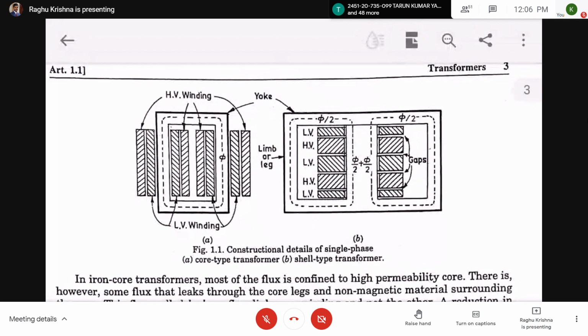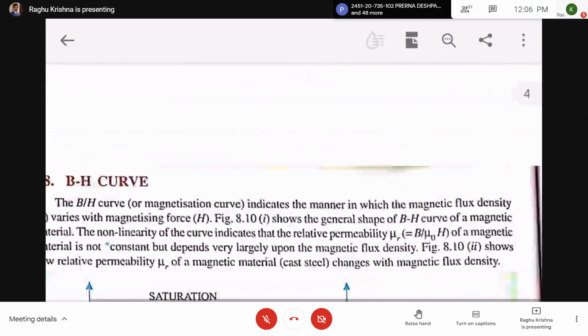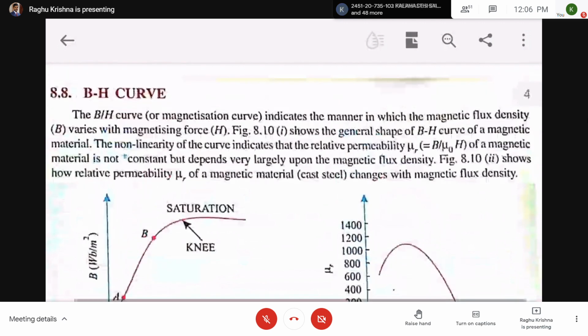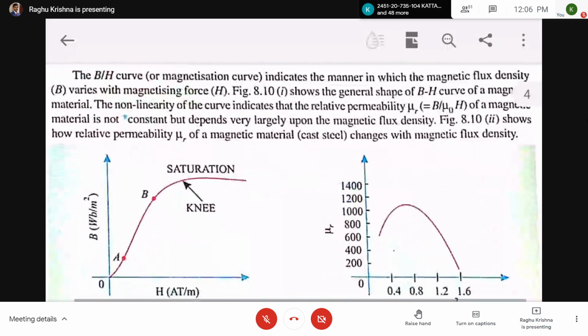So apart from these, you are going to have other parts. So next, the BH curve. In the exam they are asking this BH curve, which you already know. In the BH curve, B is taken on the y axis. B is the flux density.